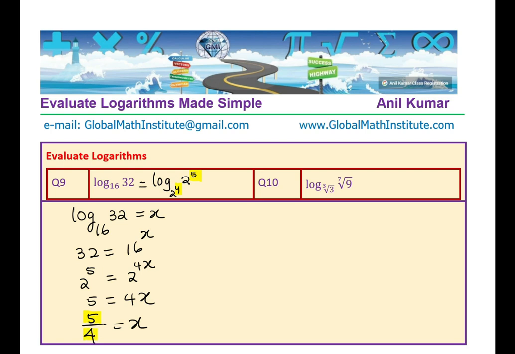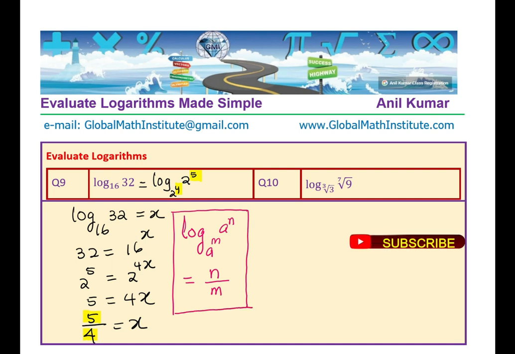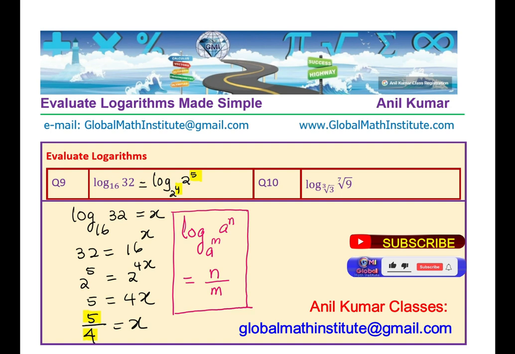The shortcut method is that if I have log to the base a to the power of m, of a to the power of n, then the answer is n over m. So now, once you understand this strategy, you can adopt this formula to immediately write down the answer.